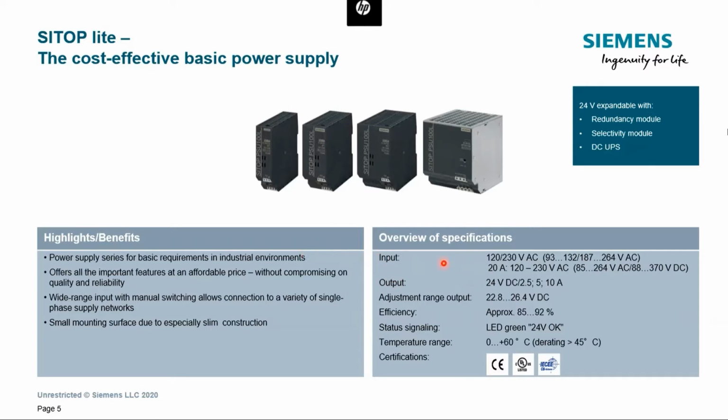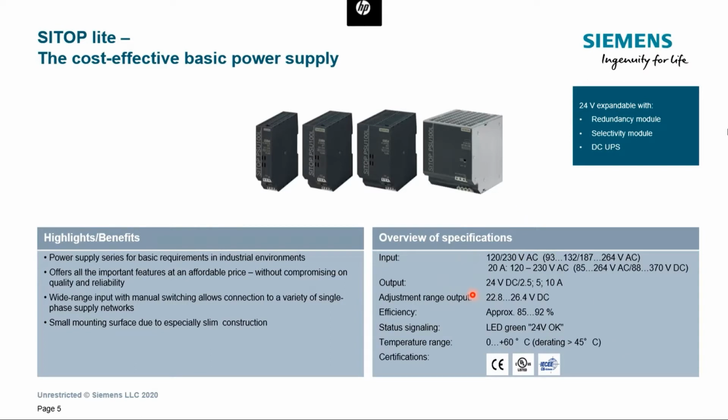But as you can see here, for example, in order to switch between the ranges, you have to do it manually. So it supports AC input ranges and DC input ranges, but we have to switch manually the input range before connecting the power supply.